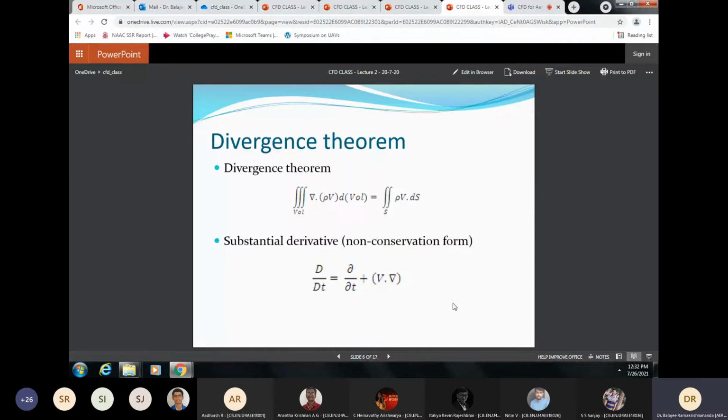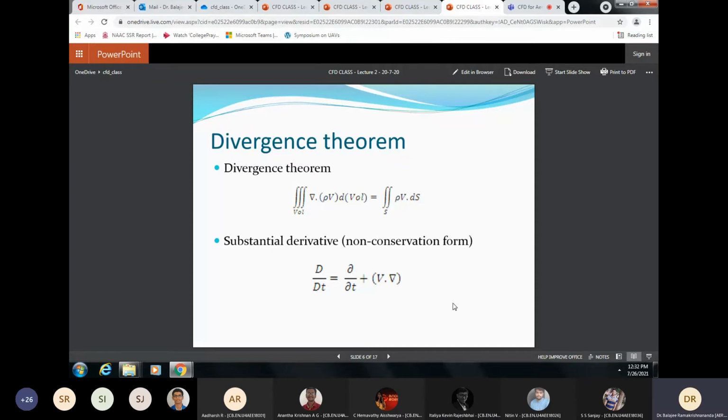And of course, we have the divergence theorem, which relates volume integrals to surface integrals. Usually, when you do the formulation, especially the momentum equation or continuity equation, you want to have on the left-hand side something that is a surface integral, and on the right-hand side something that is a volume integral, or vice versa.